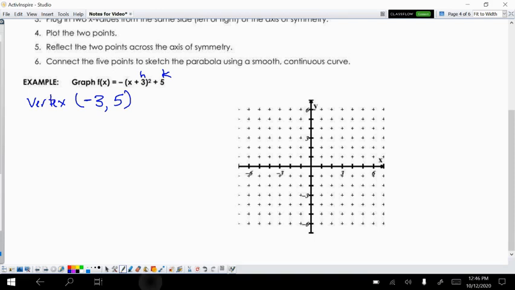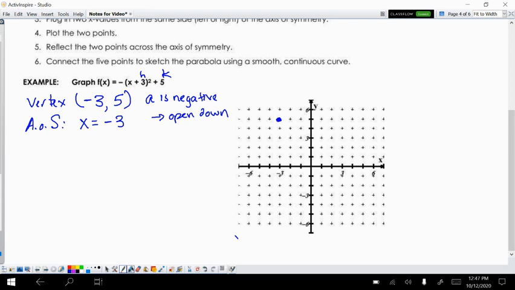When we know the vertex, we also know that axis of symmetry, that mirror image line, that's at x equals negative 3. So those two always go together, the vertex and the axis of symmetry. The other thing we know is that a is negative, so our graph will open down. Now, we need a couple of other points to plot. So we could go on either side of our vertex, which is at negative 3, 5.